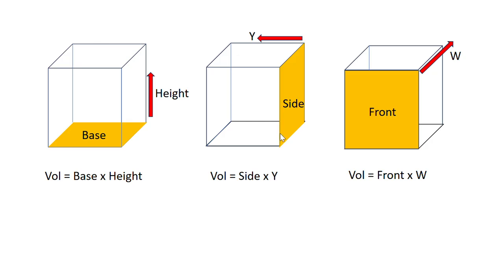If your child is confused and thinks, oh, I don't have the base, I cannot find the volume, then he is not correct, because if you just flip the cube clockwise, this side actually looks like the base. So once you get this side here, multiply by the length here, you will still get the volume.